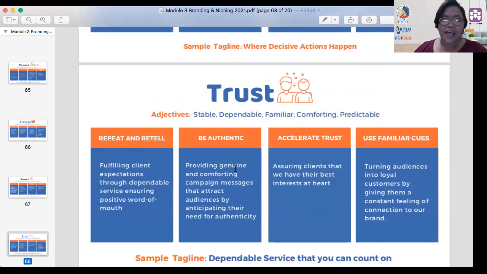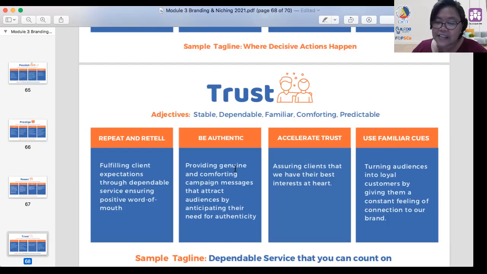And usually, your aim is to repeat and retell, fulfill client expectations through dependable service, ensuring positive word of mouth. So dun ka naman, yun naman yung after mo. And then be authentic. Provide genuine and comforting campaign messages that attract audiences by anticipating their need for authenticity.